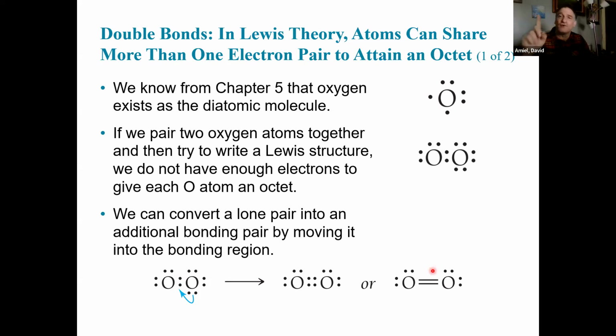Lewis theory perfectly predicts the existence of double bonds. In nature, in the lab, what you actually do is you measure the bond length. If you go into the lab and you measure the bond length of single, double, and even triple bonds, the double bond has a shorter bond length than the single bond.